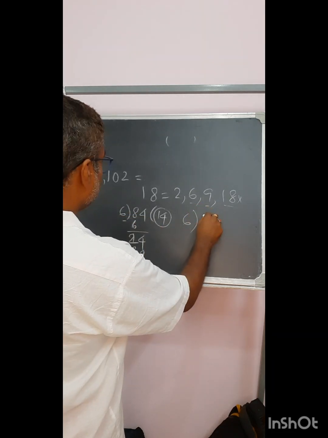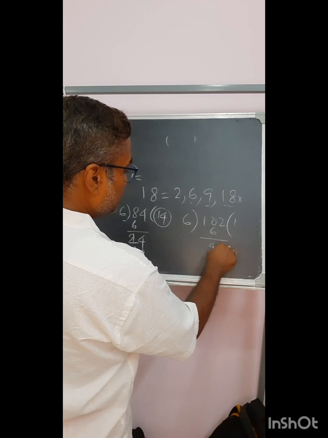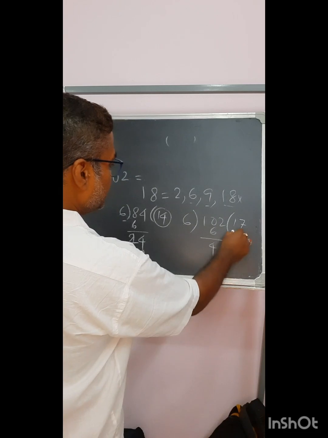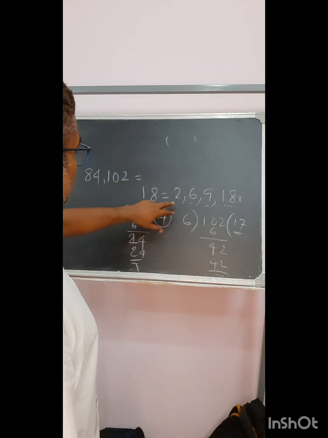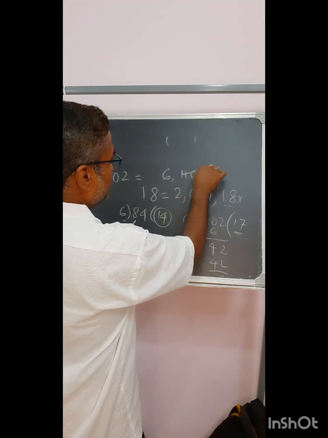Now I try 6 with 102: 6 times 17 is 102, so this is also an integer. So 6 is a perfect divisor for both numbers, and 6 would be the HCF.